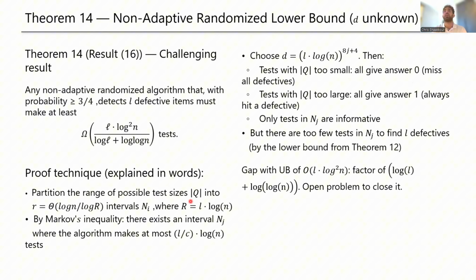There are no defectives in groups that are very small. Tests with Q too large all give answer 1, always hitting a defective. So if the test group is very big, we definitely get at least one defective. And only tests in N_j, these intervals where the size is equal to this, give us actual information on whether there are defectives or no defectives.